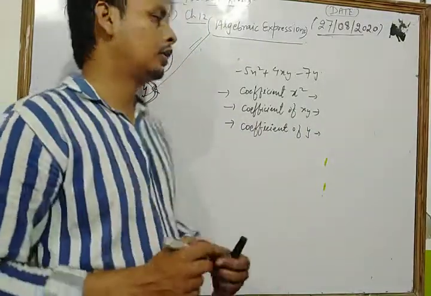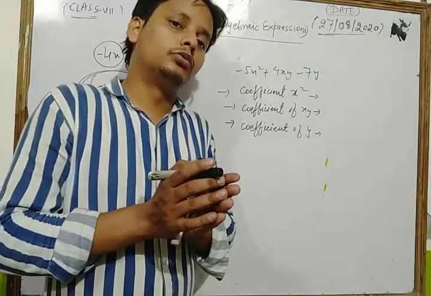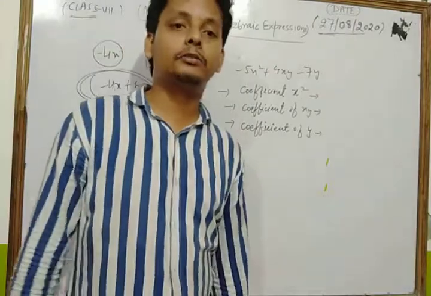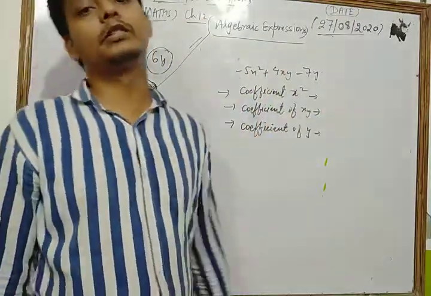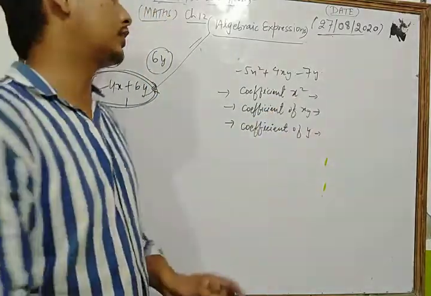Dear students, the constant value in the product with any variable is said to be the coefficient of that variable.